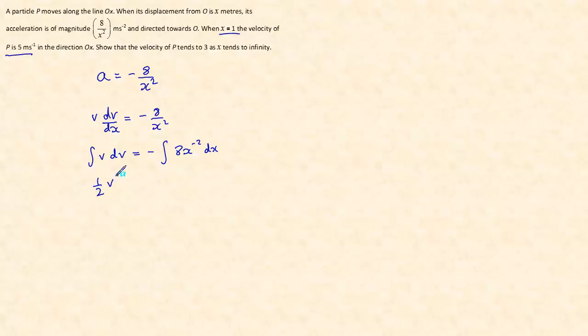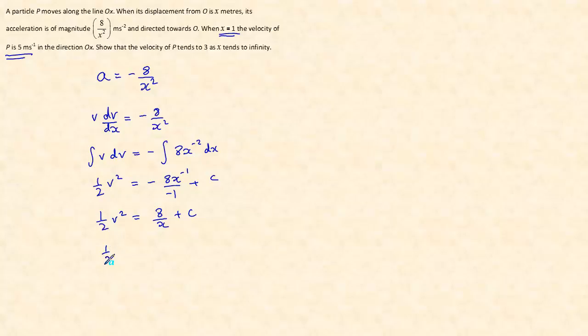So this one's a half v squared, and this is going to be negative 8x to the negative 1 over negative 1, plus a constant. So a half v squared is going to be 8 over x plus a constant. When x is 1, v is 5.